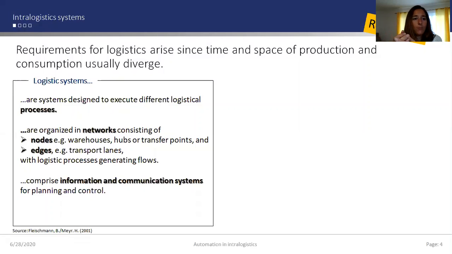And normally they are organized in networks, and logistic networks consist of nodes like warehouses or cross-docking points and edges. That would be the transportation lines or lanes. And you always have information and communication systems.